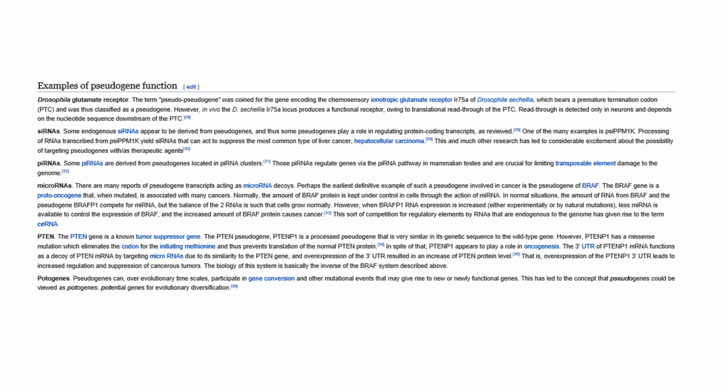And again, this area is just beginning to be explored, but what is clear is that pseudogenes are not just faulty discarded copies of genes, the litter and refuse and junk and remnants of the random evolutionary pathway. They actually do have functions in gene regulation, and we're just beginning to find out those functions.